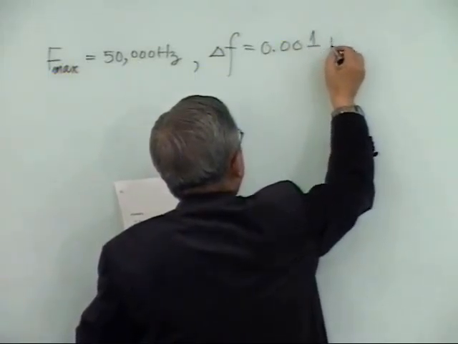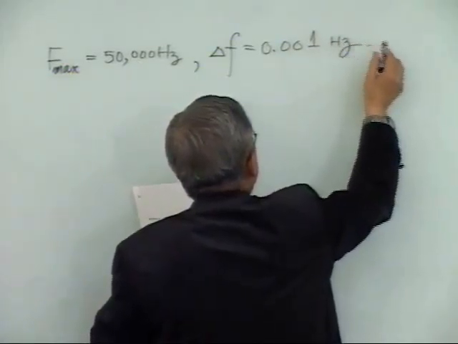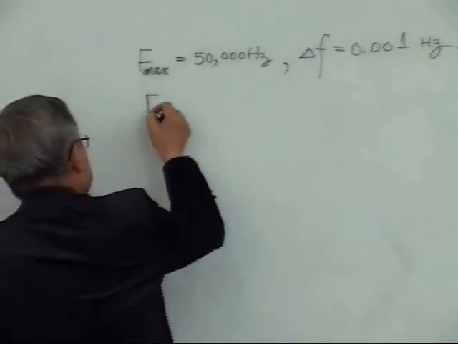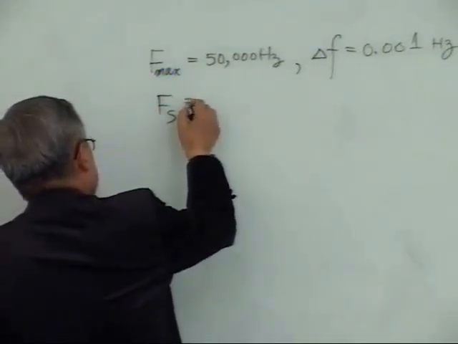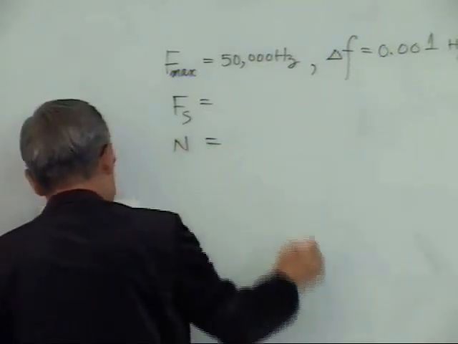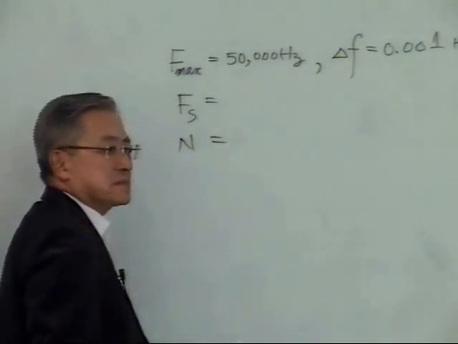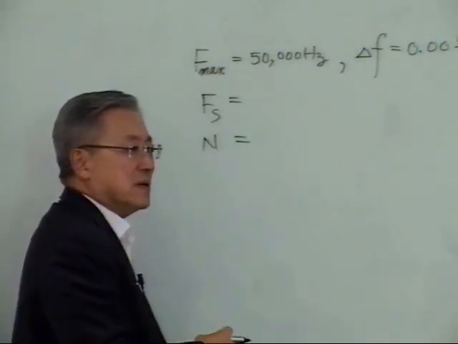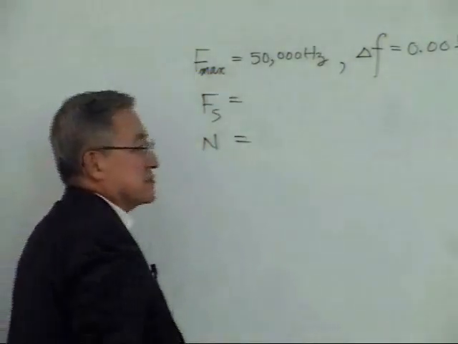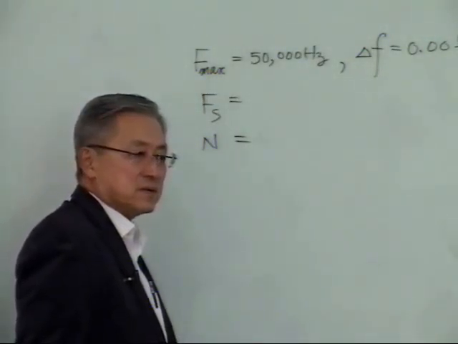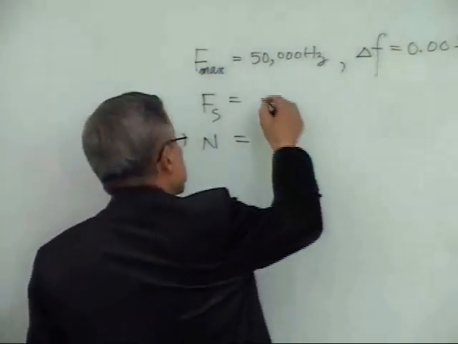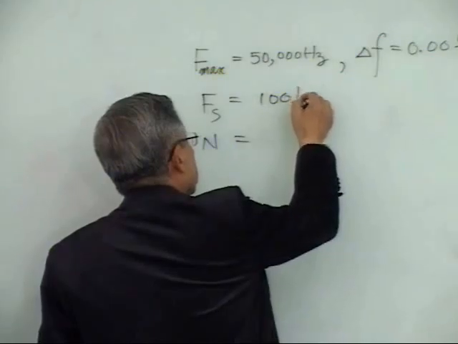Then the question is, what would be the sampling frequency, and what would be the number of data points? Can you tell? Fs: if F max is 50 kilohertz, the sampling frequency is twice that, which is 100 kilohertz.